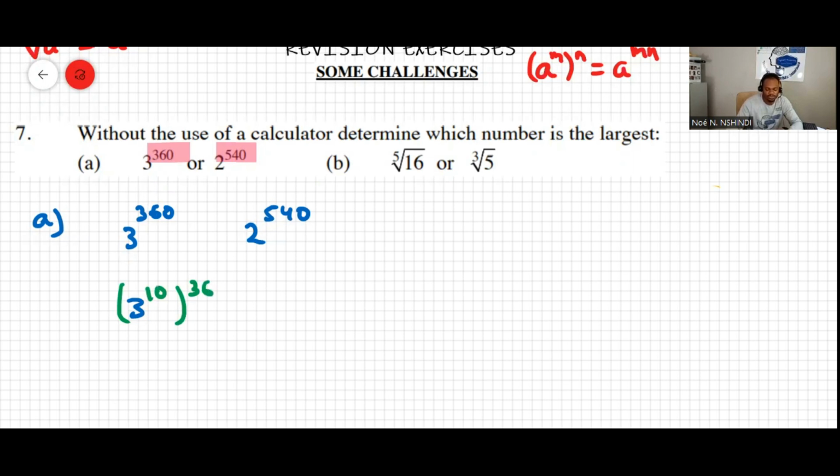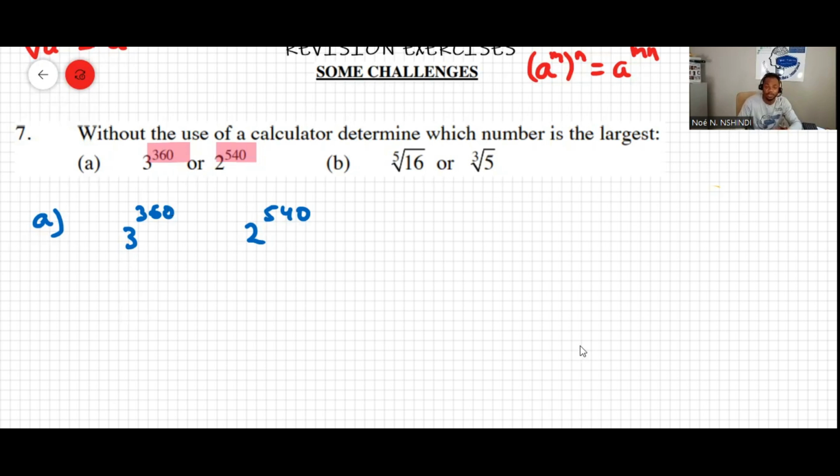No, this will not work. Instead, what is the common factor of 360 and 540? Cover the zeros. Consider 36 and 54. You know that it's 9.